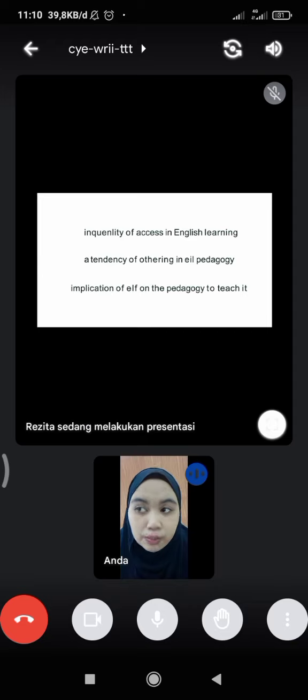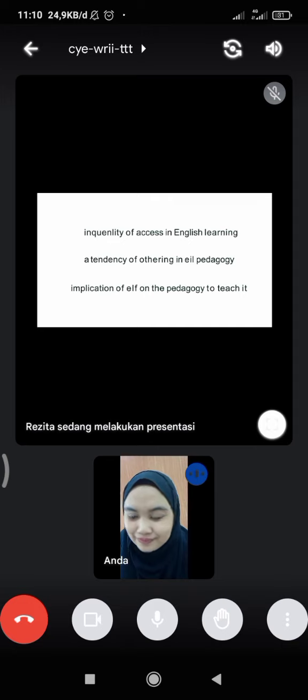Pedagogy in teaching can be referred to as an educator's understanding of how students learn. So the teacher can just focus on the syllabus that is relevant to what students need.